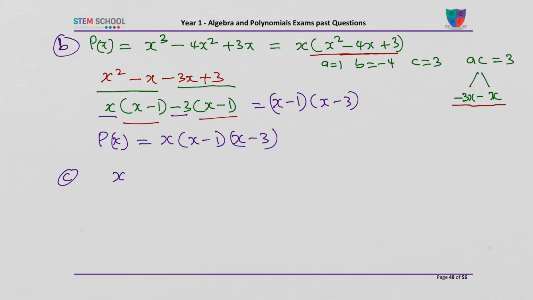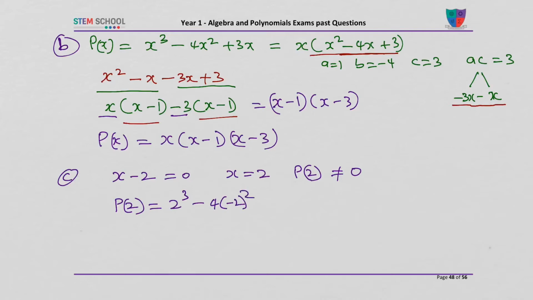We know that if we set x minus 2 to 0, x will be equal to 2. If p of 2 is not equal to 0, then the value it equals will be the remainder. So p of 2 will be equal to 2 cubed minus 4 times 2 squared plus 3 times 2.